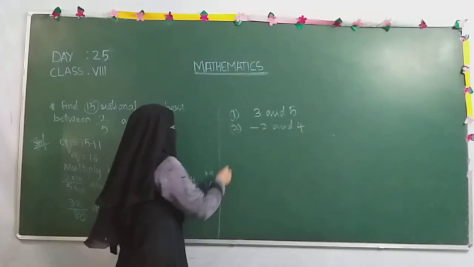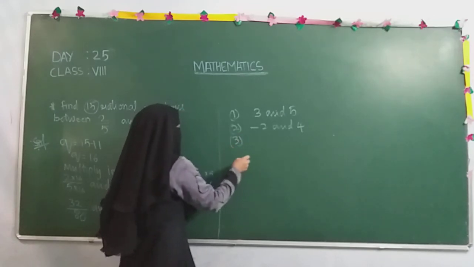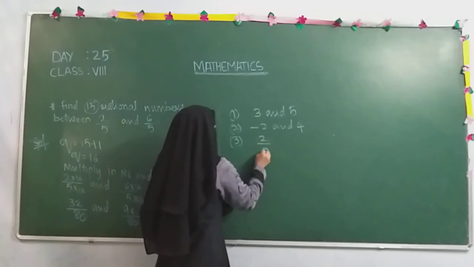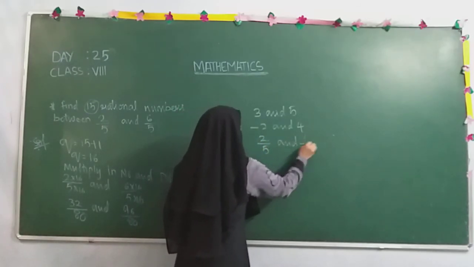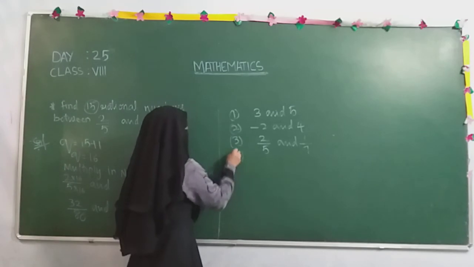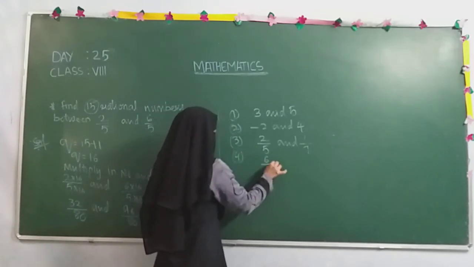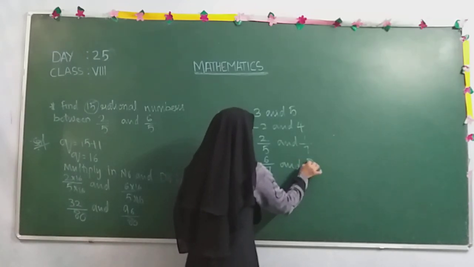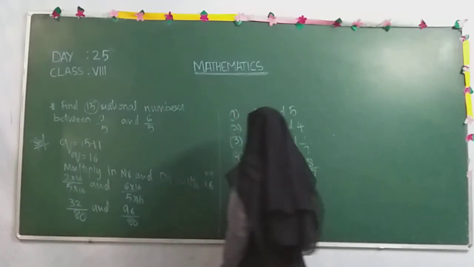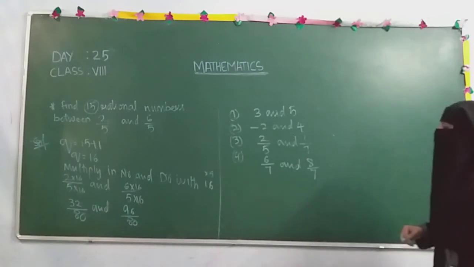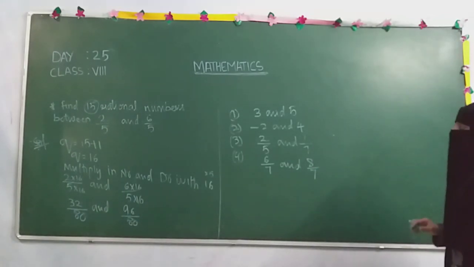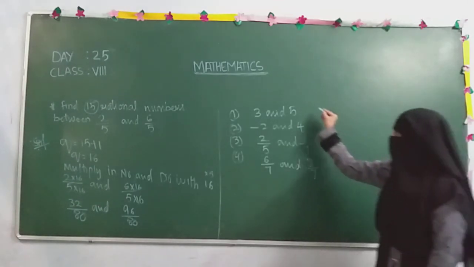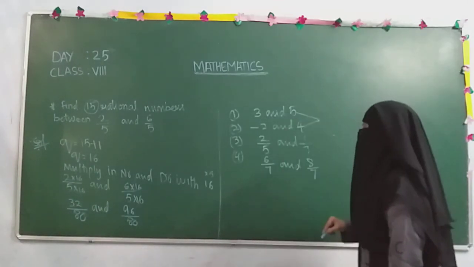The third one is with different denominators, suppose 2 by 5, 1 by 7, or 6 upon 7, then 8 upon 7. These are the different types of questions for which we have learned how to insert a rational number between them.